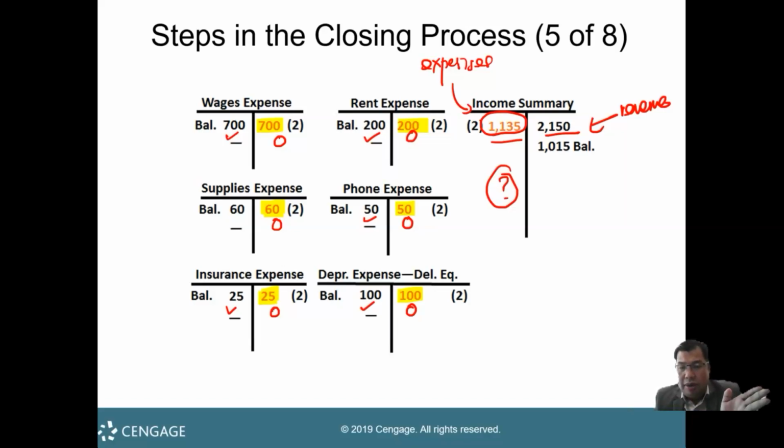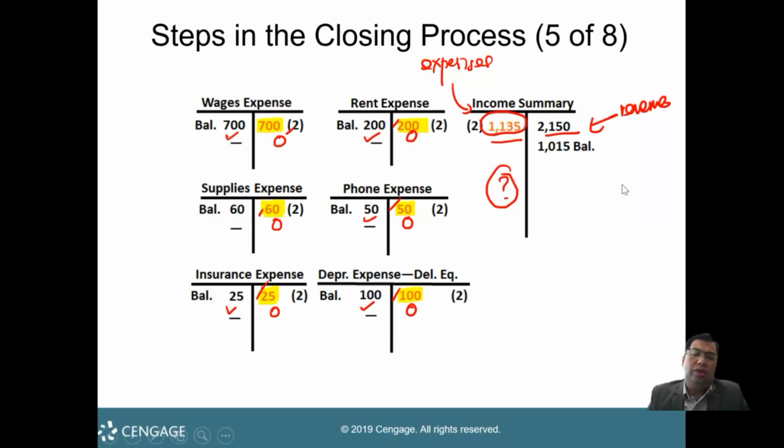Because these are already debits. To close the account, you need to credit this account by an equal amount: 700, 60, 25, 200, 50, and 100. So you close all these accounts by doing that, and the total will be put in your income statement summary account.